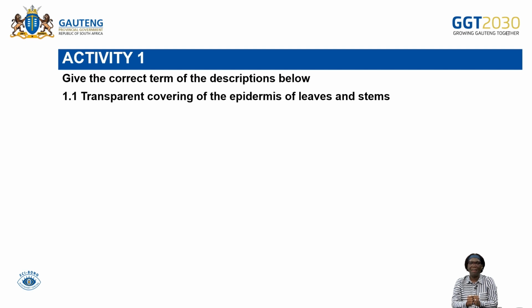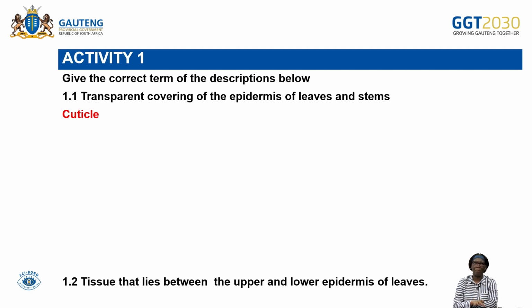Hello, grade 11s. What is the answer? Okay, learners, let me help you. The answer is the cuticle. The answer, transparent covering of the epidermis of leaves and stems, is the cuticle.